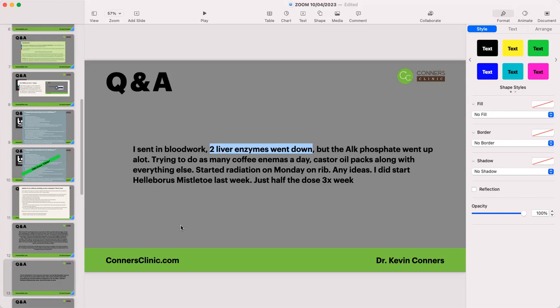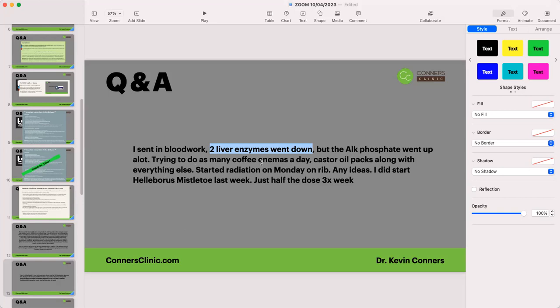So if you have normal liver enzymes but elevated alkaline phosphatase, then you think of, is there metastasis to the bone? In this case, if your liver enzymes went down, that means we're detoxing much better. If your alkaline phos went up, that's just an indication of what we already know in this person's case, that there's metastasis to the bone. It doesn't mean there's more metastasis per se, but that's why it's going up.